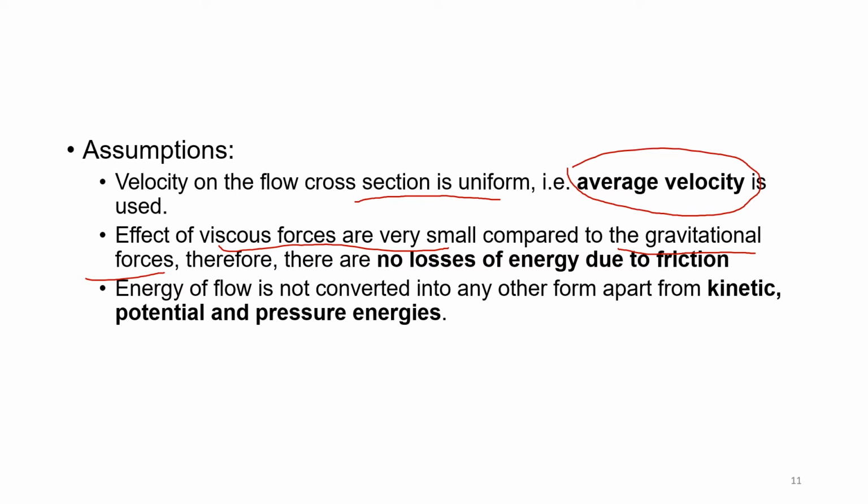So we assume that there are no losses of energy due to friction. So we do not consider any heat loss or any losses of energy. And then energy of flow is not converted into another form apart from kinetic, potential and pressure energies.